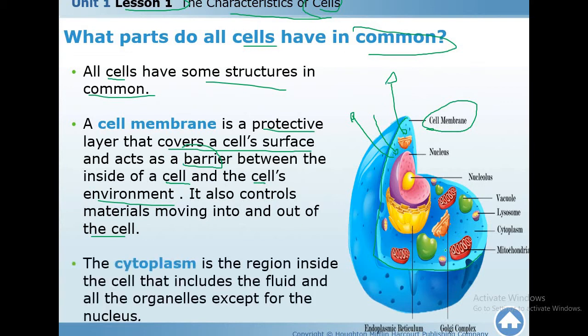Cytoplasm. Cytoplasm is a fluid. This baby blue color is called cytoplasm.